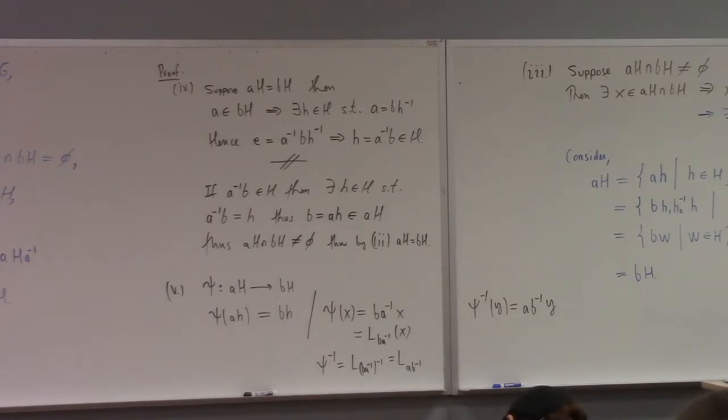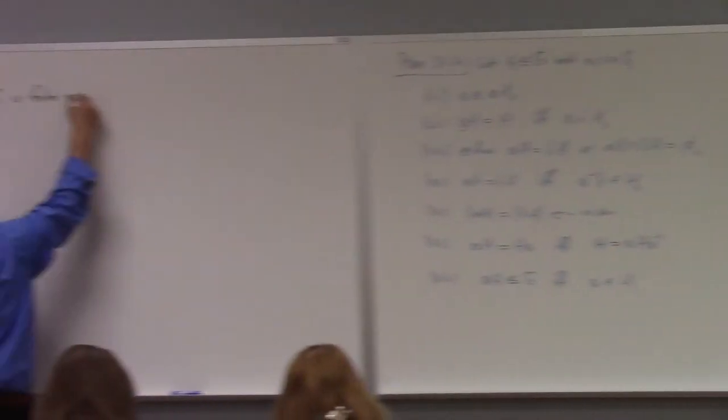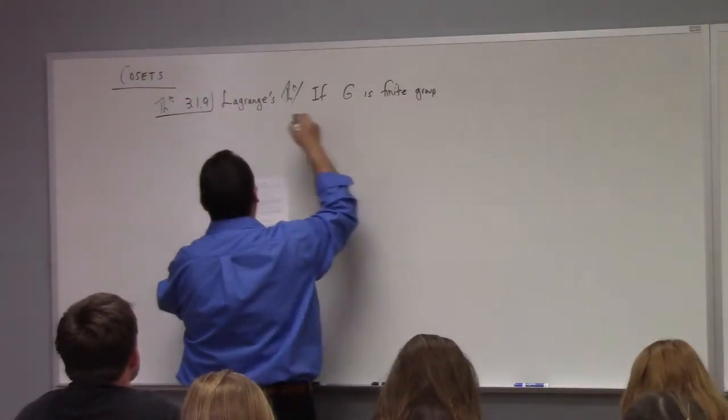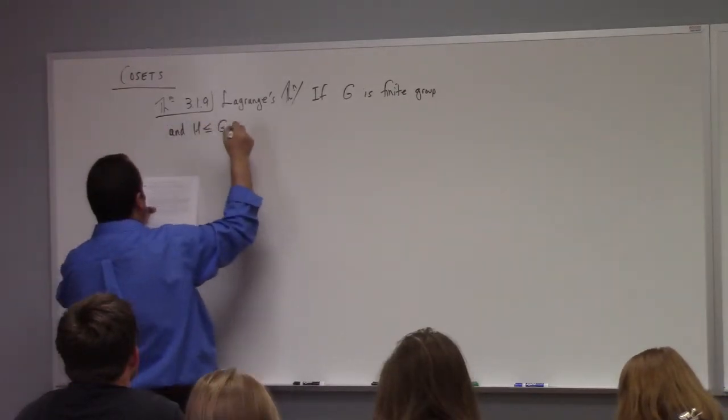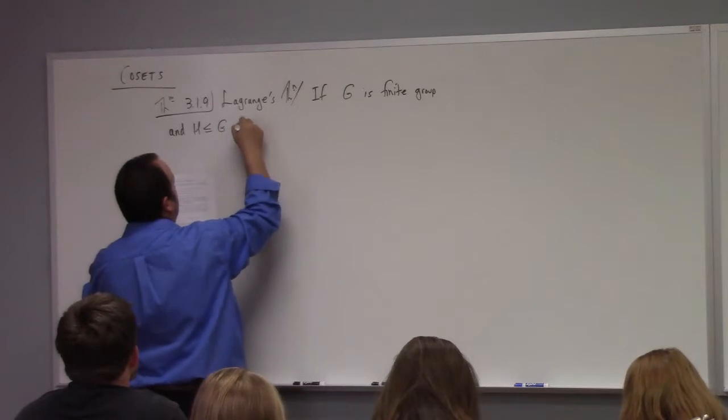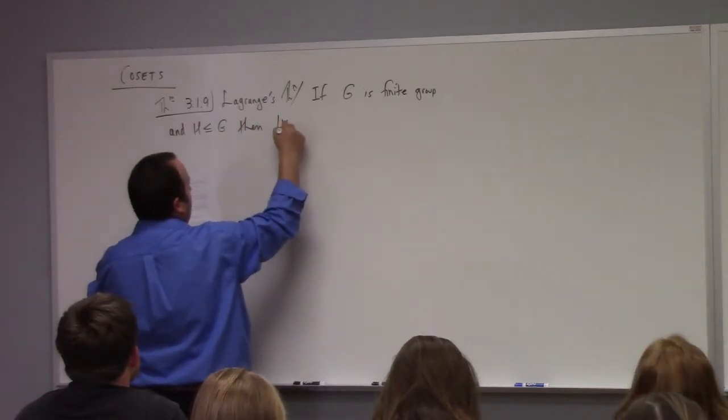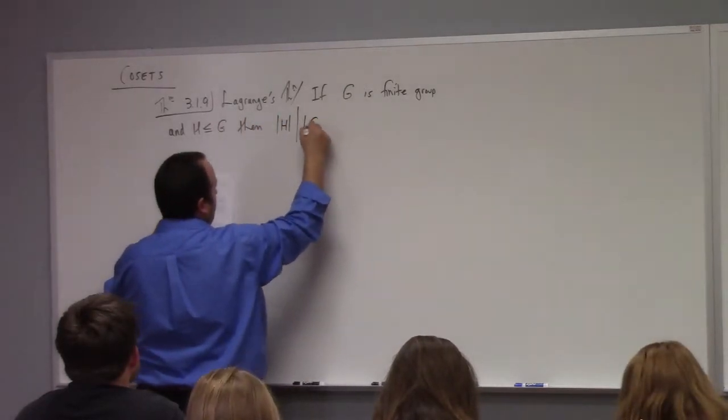Lagrange's theorem simply says this: if G is a finite group, and we have a subgroup H of G, then the order of the subgroup divides the order of the group.